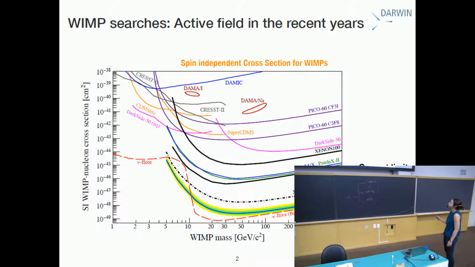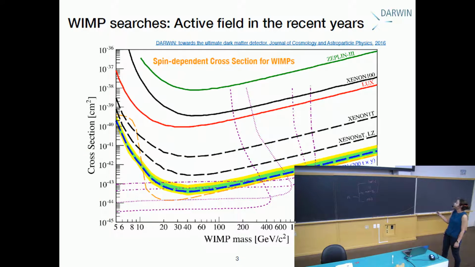This is the projected exclusion limit for XENONnT and LZ. And DARWIN is the next step from XENONnT, and the aim here is to explore the entire parameter space until we reach the neutrino floor that is our irreducible background.